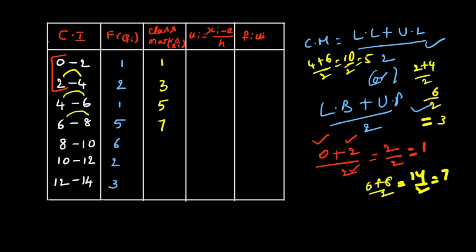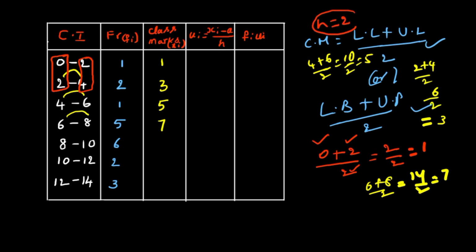These two are called lower limits, right? Take the difference between the lower limits, or the difference between the upper limits. That is 2. The 2 is the class size, so we can take h equal to 2.